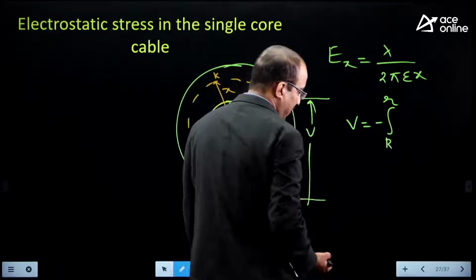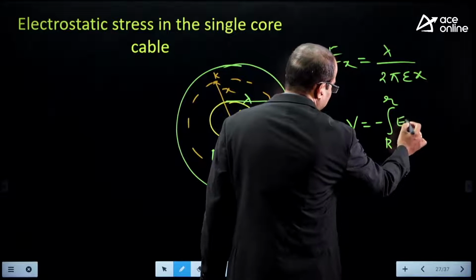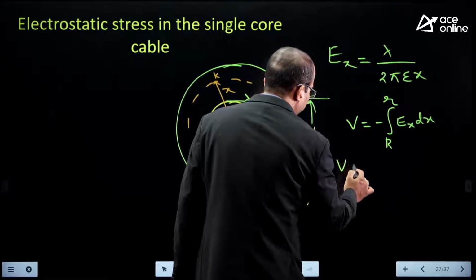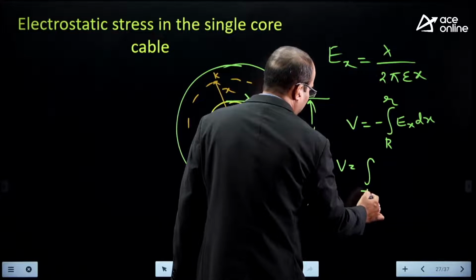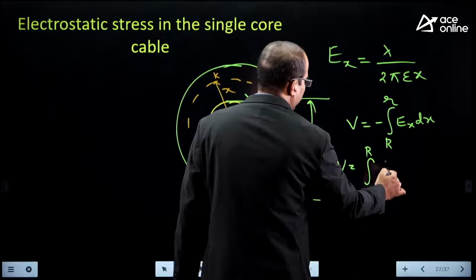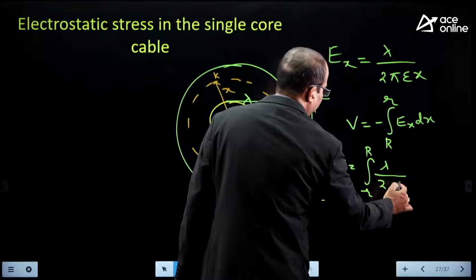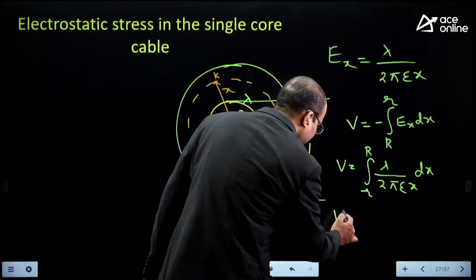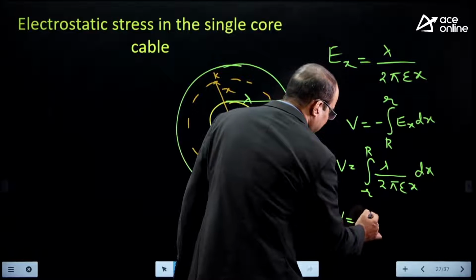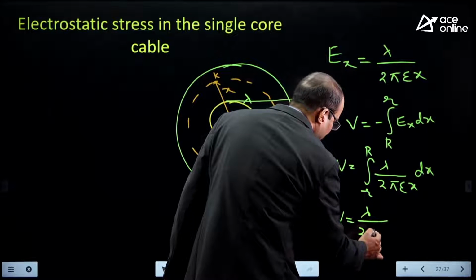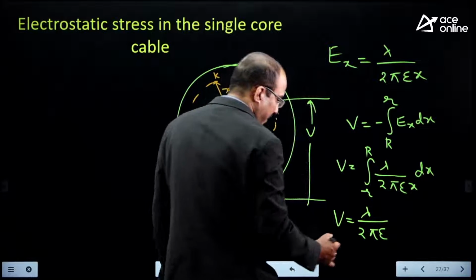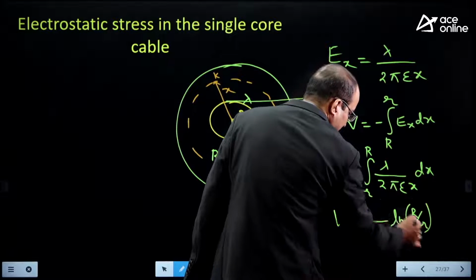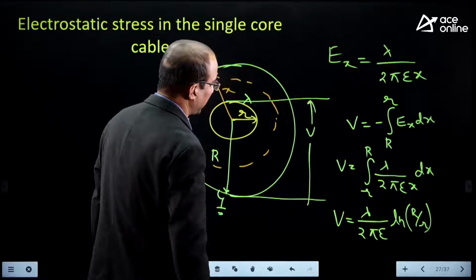So V is minus the integral from capital R to small r of Ex dx, where Ex is lambda by 2 pi epsilon x. So the operating voltage V is equal to lambda by 2 pi epsilon ln of capital R by small r.